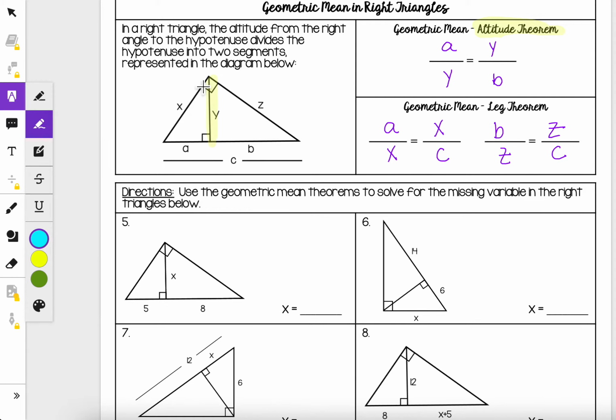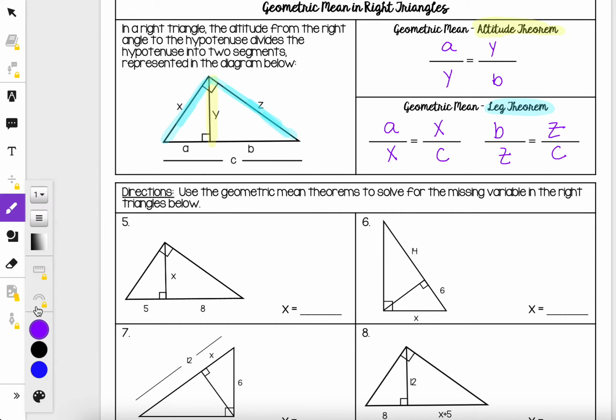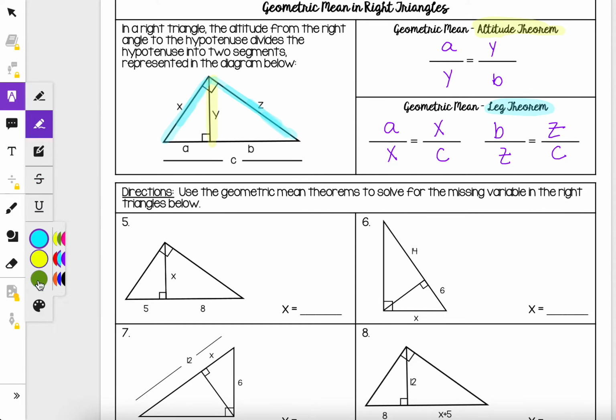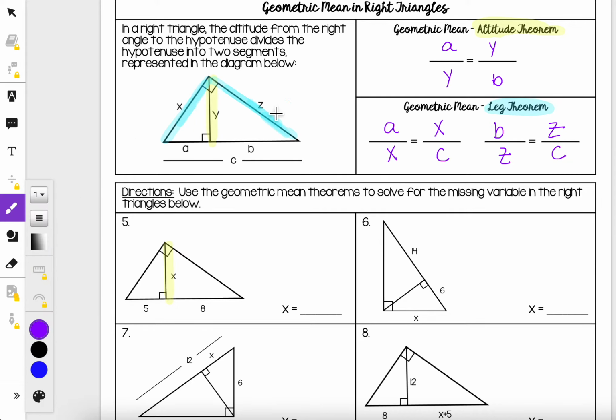If you are given one of these legs or you need to find one of these legs, then you're going to use one of those leg theorems. So if I look at number 5, I want to check to see if I'm given an altitude or a leg. It's clear right here that I'm given the altitude of the larger right triangle. So I'm going to use this first theorem here.